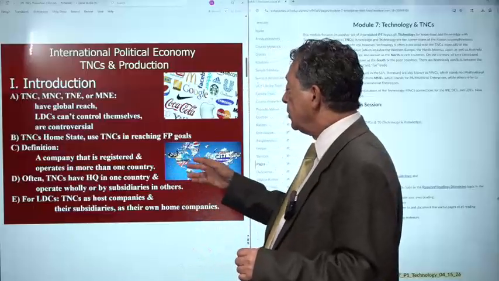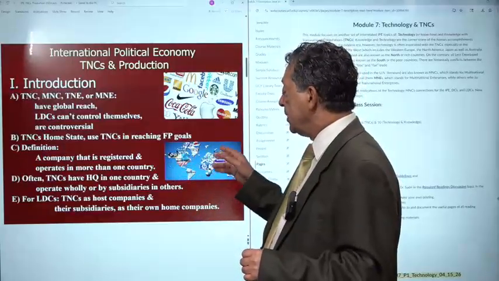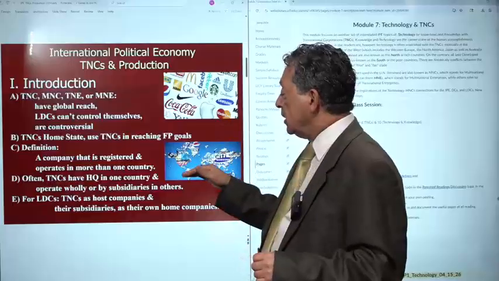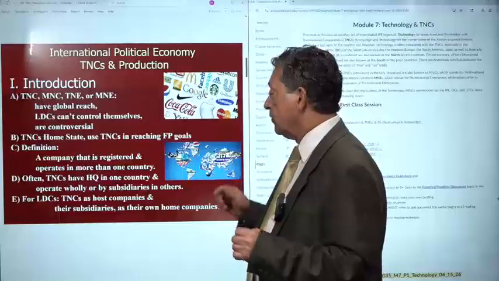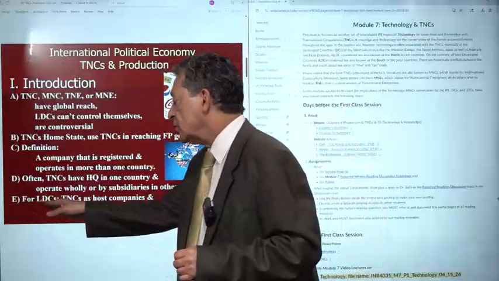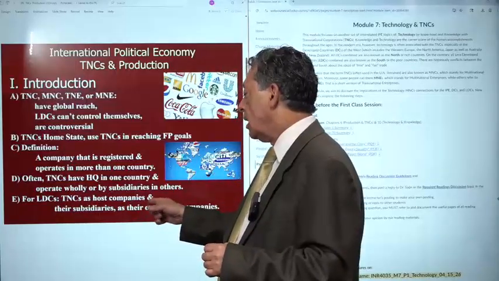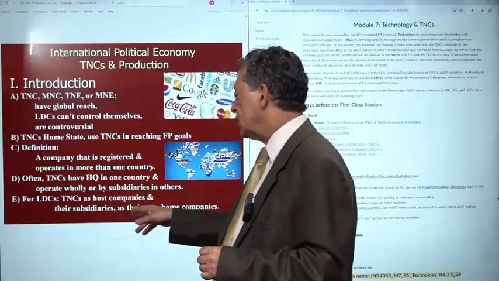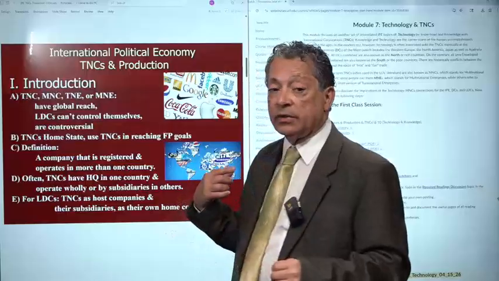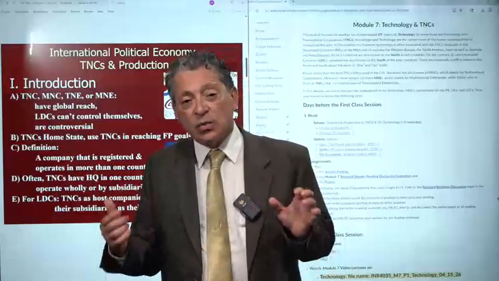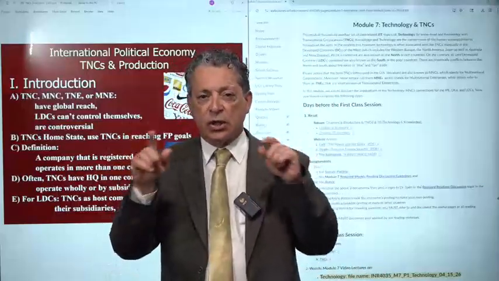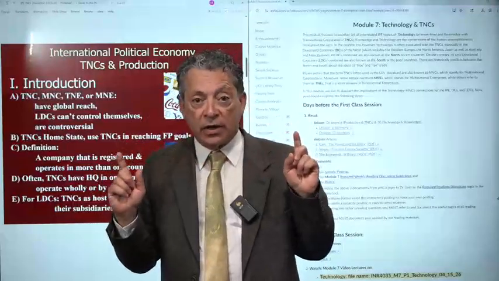Notice here we put basically a picture of a lot of these corporations that are originally from one place, but what? They're everywhere, okay? And then of course for the LDCs, TNCs act as host companies and their subsidiaries as their own home companies. So here, what this one is talking about is a very interesting kind of rectangular relationship.